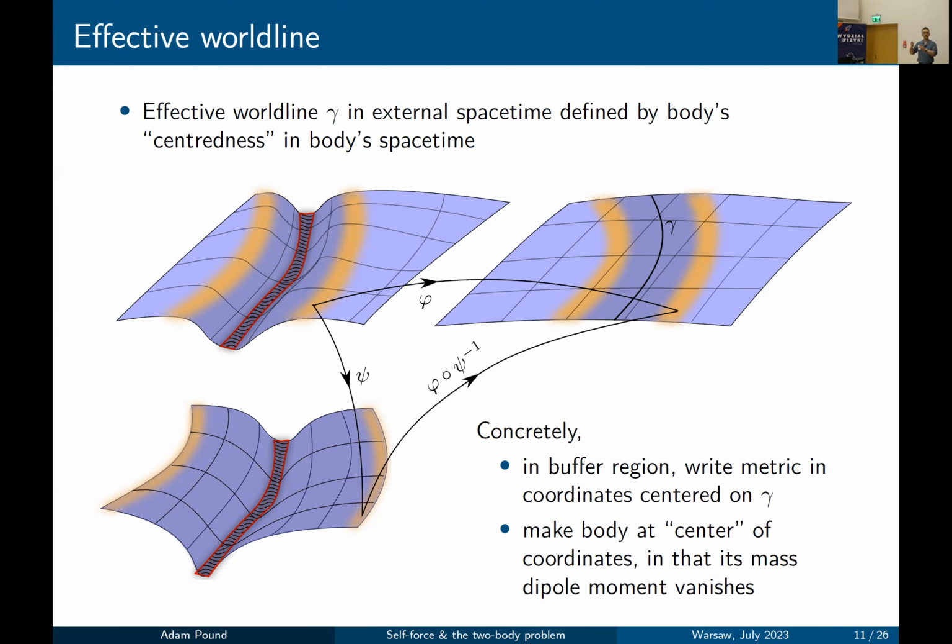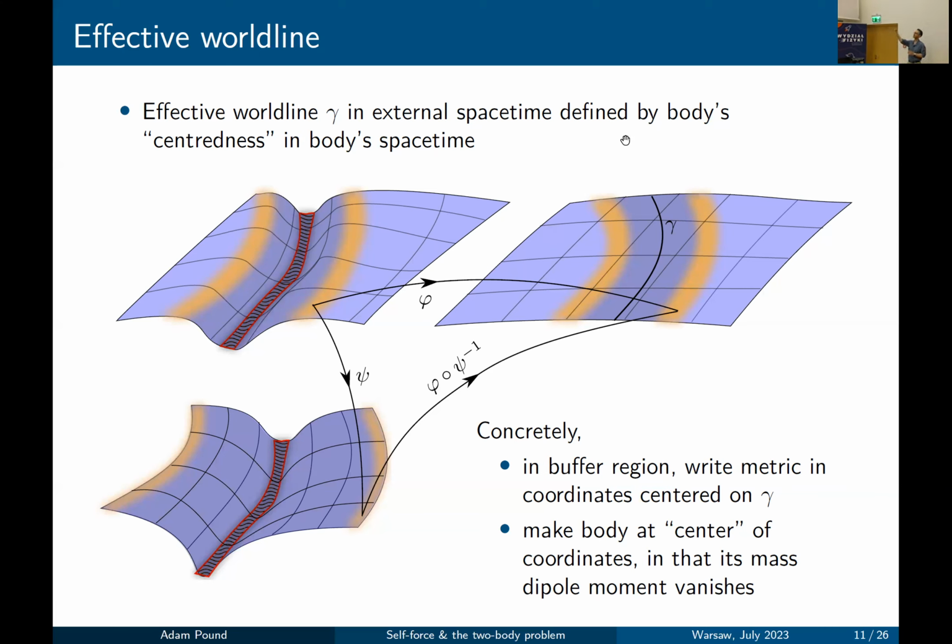Okay, so in this buffer region, both of our expansions are supposed to be valid, and so they're supposed to agree with each other in a suitable sense that I'll explain in a second. Now, in the outer expansion, when your small body is shrinking down towards zero size, what you're left with is some smooth external spacetime with a world line in it.